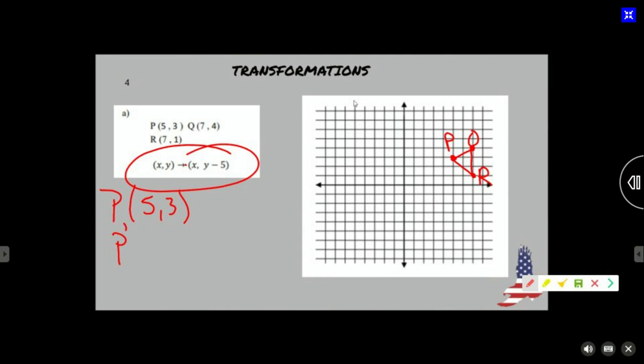For P prime, 5 is going to stay the same, because all they have here is just X. And then I have to do minus 5, negative 2. So right 5 and down 2. P prime. Work on your Q and R, please. Get your other 2 points.